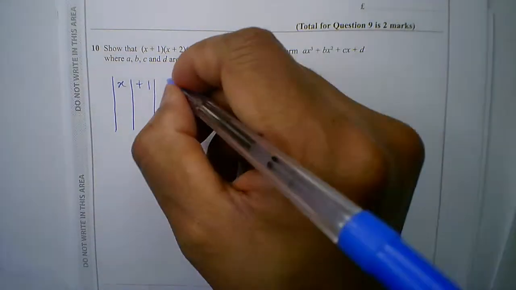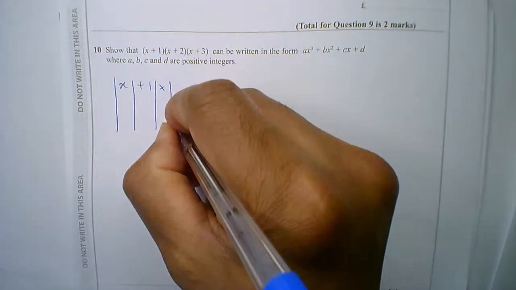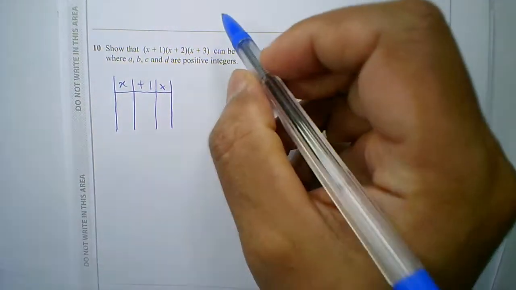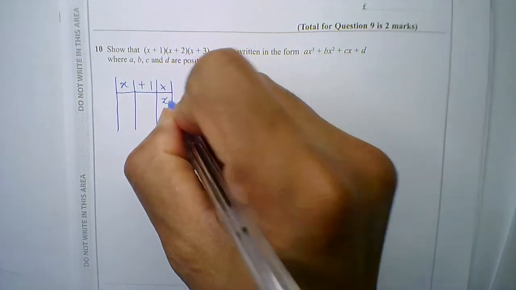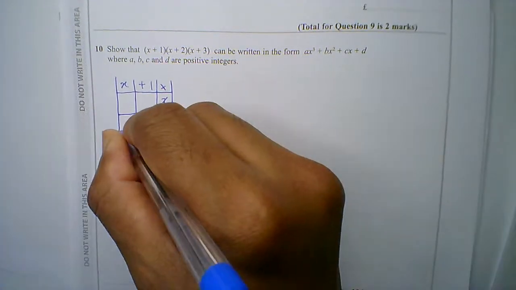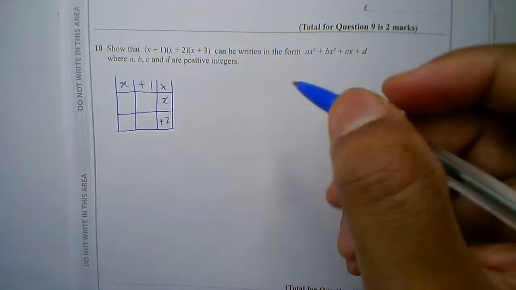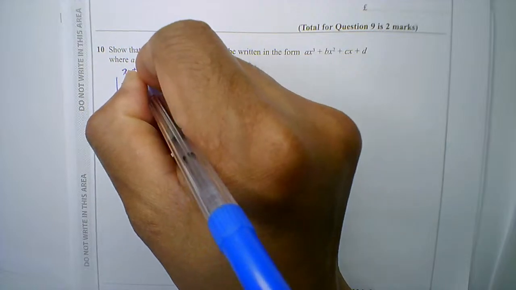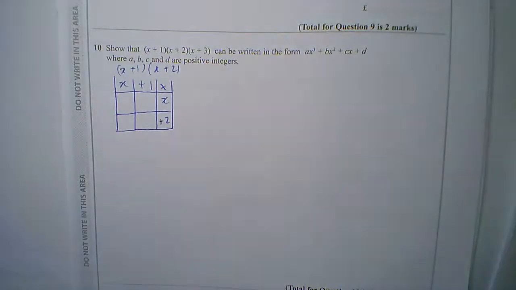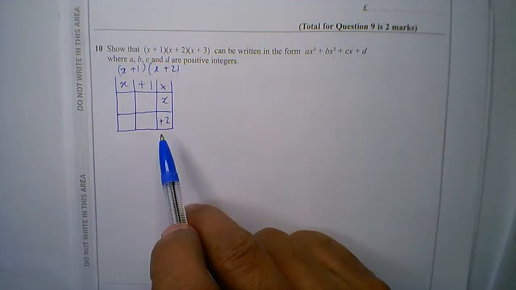I've got that times the second bracket, which is going to be x plus 2. I should write it out here, x plus 1, x plus 2. Okay, and so I'm just going to fill in the boxes.